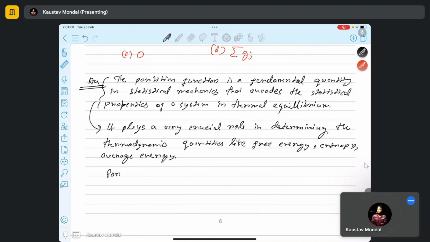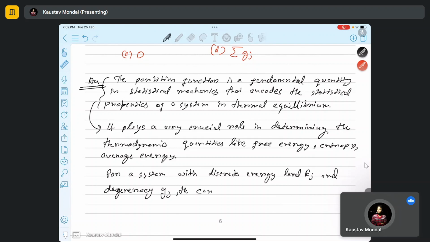Okay, for a system with discrete energy levels Ej and degeneracy Gj, the canonical partition function is given by Z equal to the sum of Gj e to the power minus beta Ej. This is the expression of the partition function.